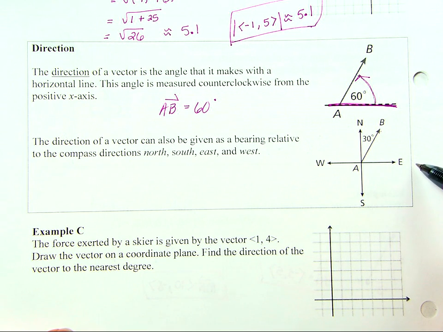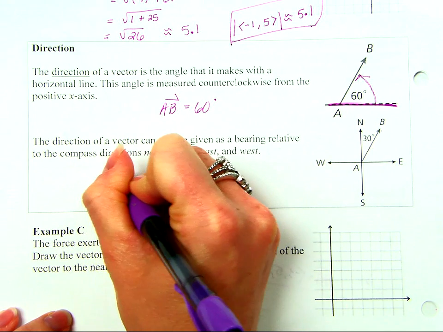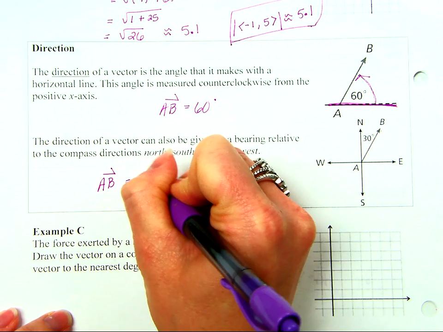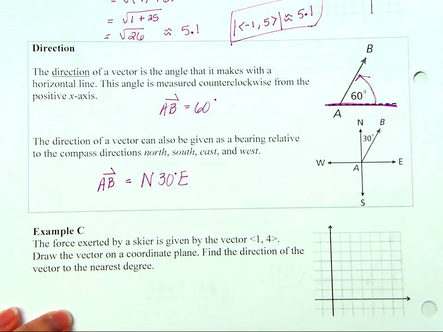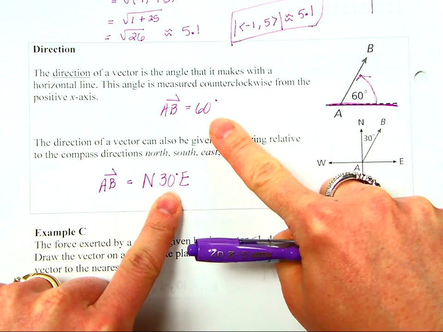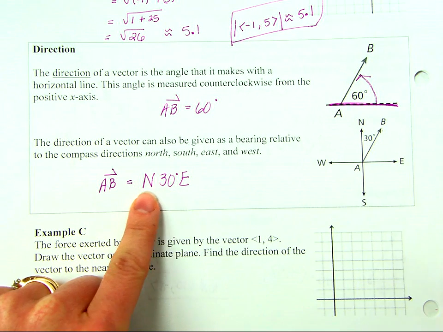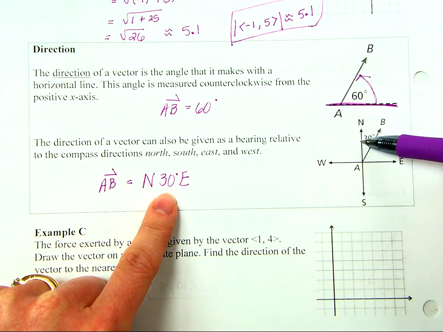Given as a bearing relative to the compass directions, you may see it written as so: vector AB equal to north 30 degrees east. This and this actually are referring to the same vector. I like to think about this: if I were traveling or going north, my vector is 30 degrees east of north.